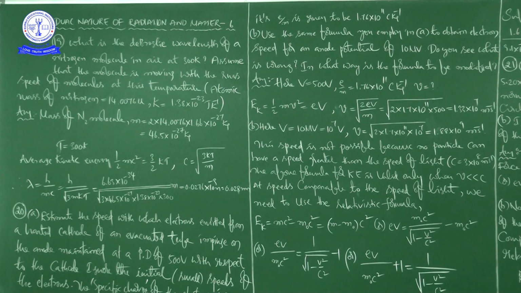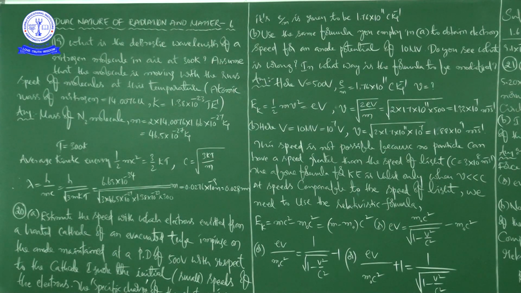So we have to talk about the possibilities. Then, in what way is the formula to be modified? So he is asking how we need to modify the formula. So first we will discuss A and then we will go for B.